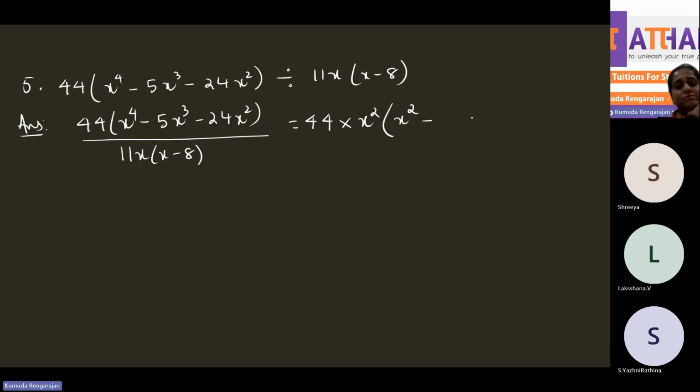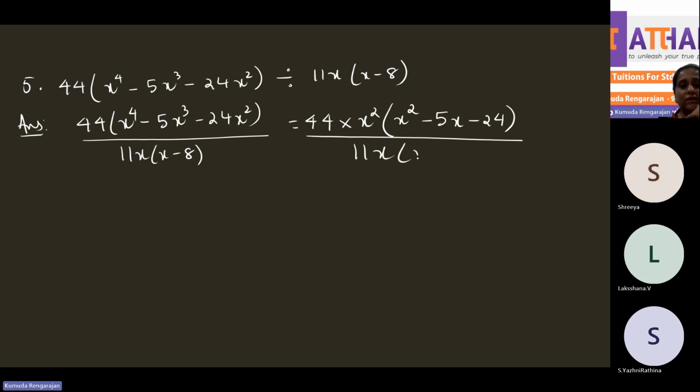Tell me the second term: x squared into what will give us minus 5x cubed? Minus 5x, very good. And then x squared into what will give you minus 24x squared? Minus 24.